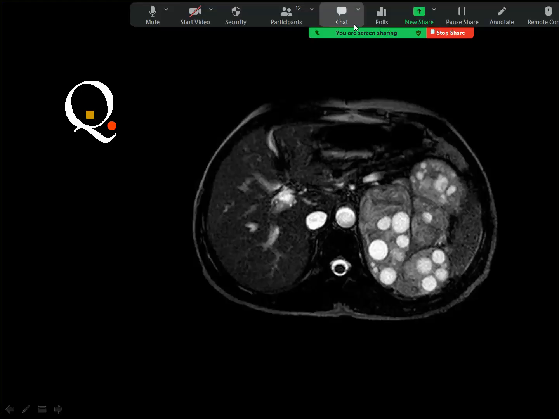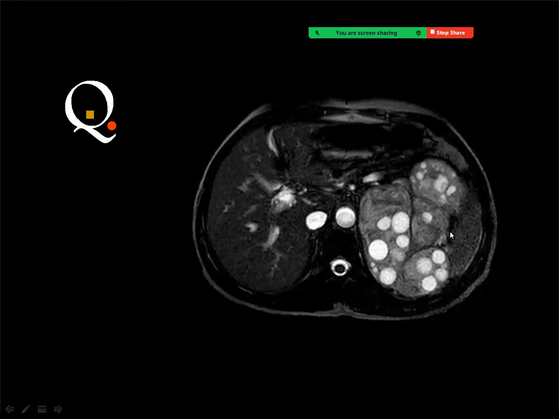I think the diagnosis is very easy in this case because you see the typical features of renal hydatid cyst.